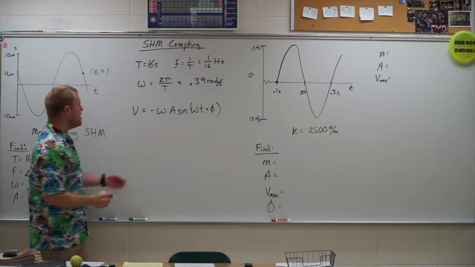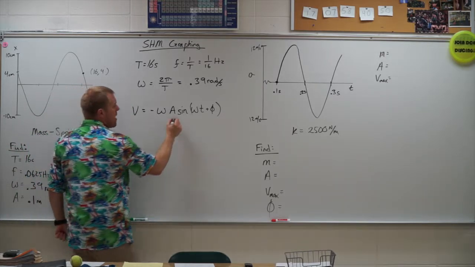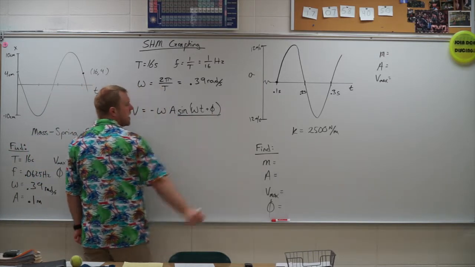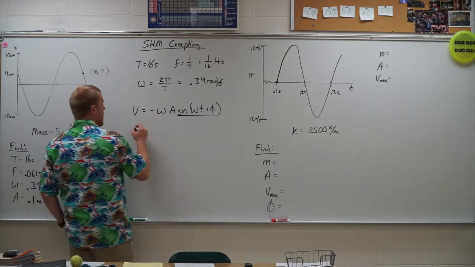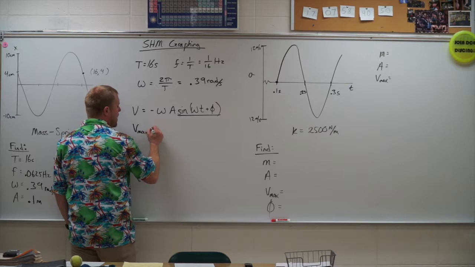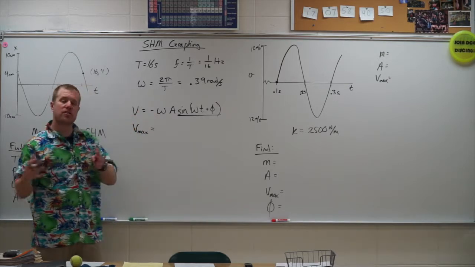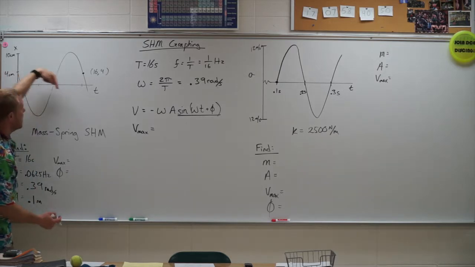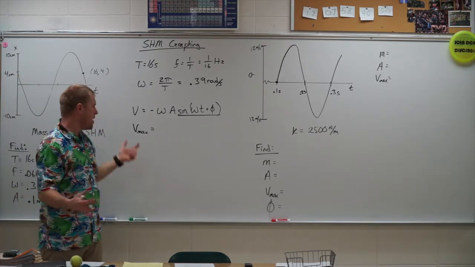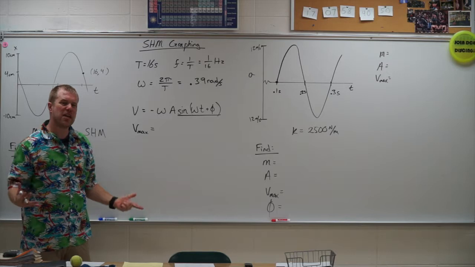The maximum velocity occurs whenever the sine of omega t plus phi is 1. So I get my Vmax value, and I drop the negative sign because it's going one way at one maximum, another way at the other maximum. So the direction I'm not too worried about. I just want to find the max speed.